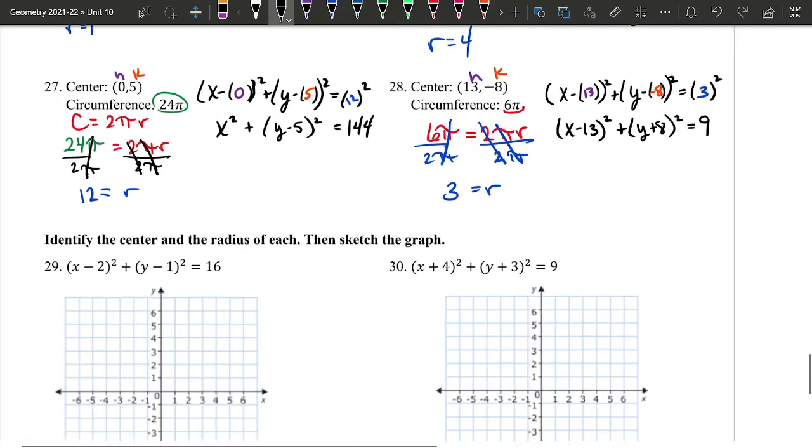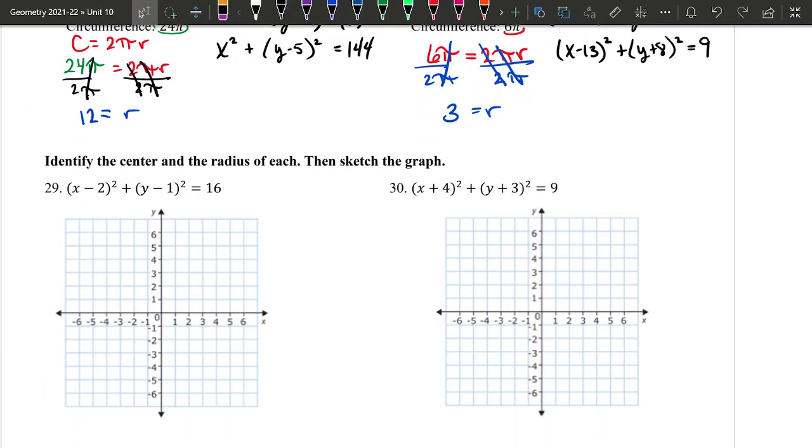Alright, so last I'm just going to do one of these. Identify the center and the radius of each and sketch the graph. So we know the center is at HK. Since this is a negative sign, it's x minus 2, then I know that h equals 2. And then I have y minus 1, so that means that k equals 1.